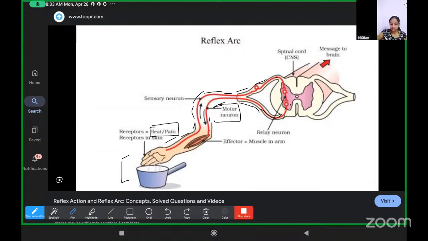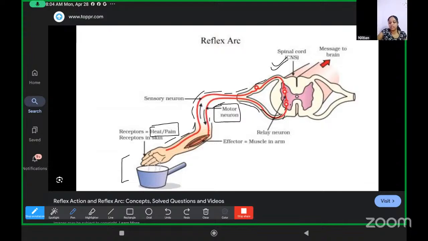So it goes from the receptors to the sensory neuron to the relay neuron, to the effector and back to our hand. Relay neurons are located near the CNS, the spinal cord.